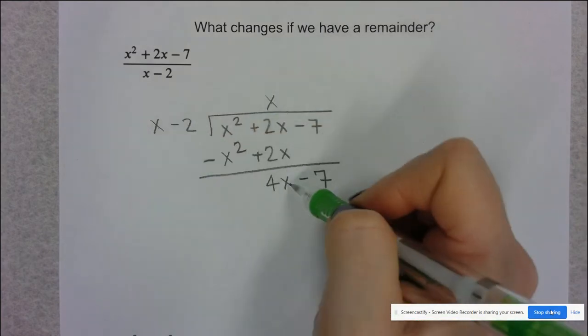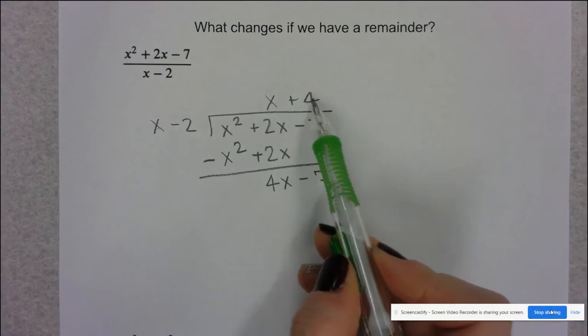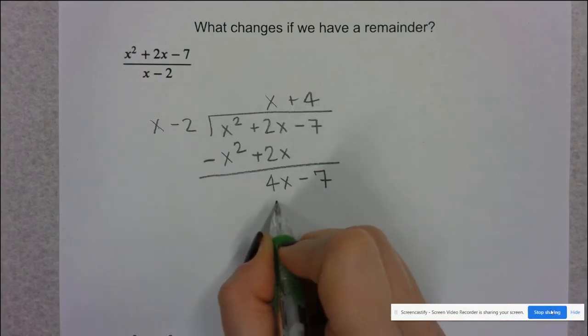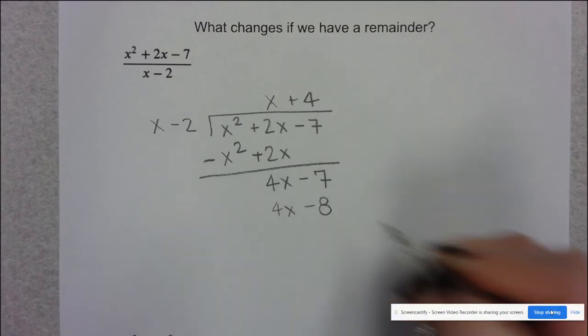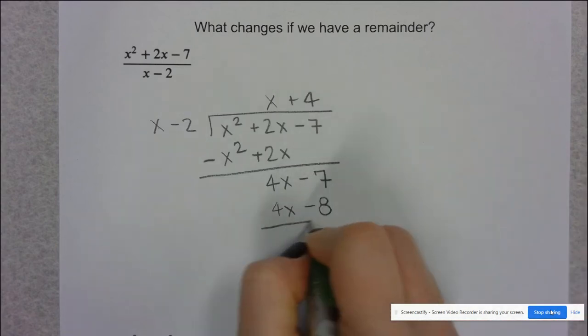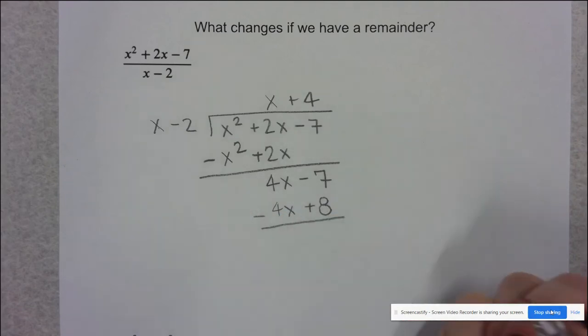So in order to get to 4x, I need to multiply by a positive 4. 4 times x gives me 4x. 4 times negative 2 gives me negative 8. I'm doing the opposite, so I'm subtracting and adding.